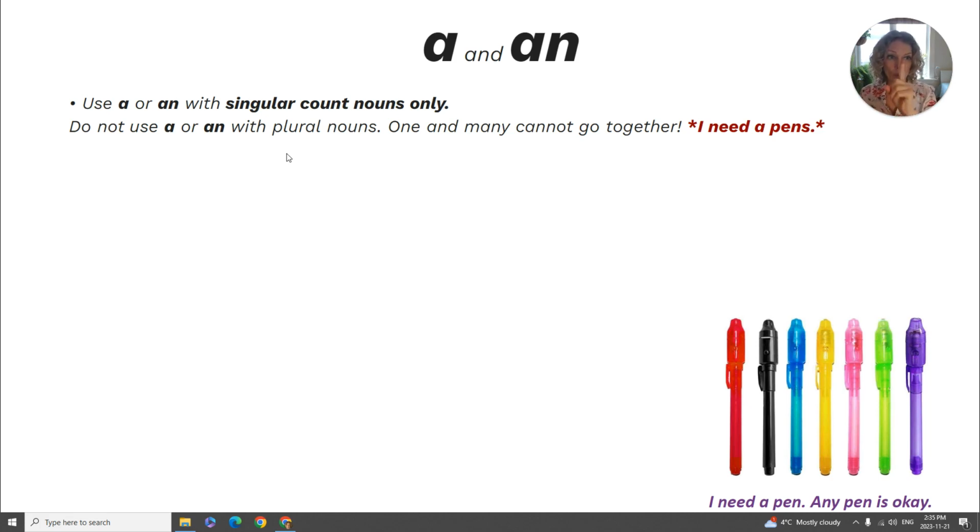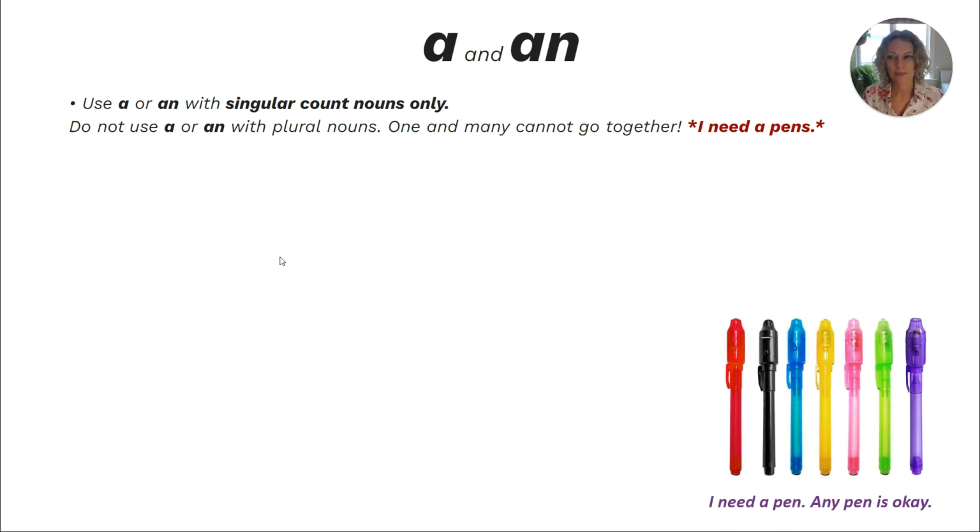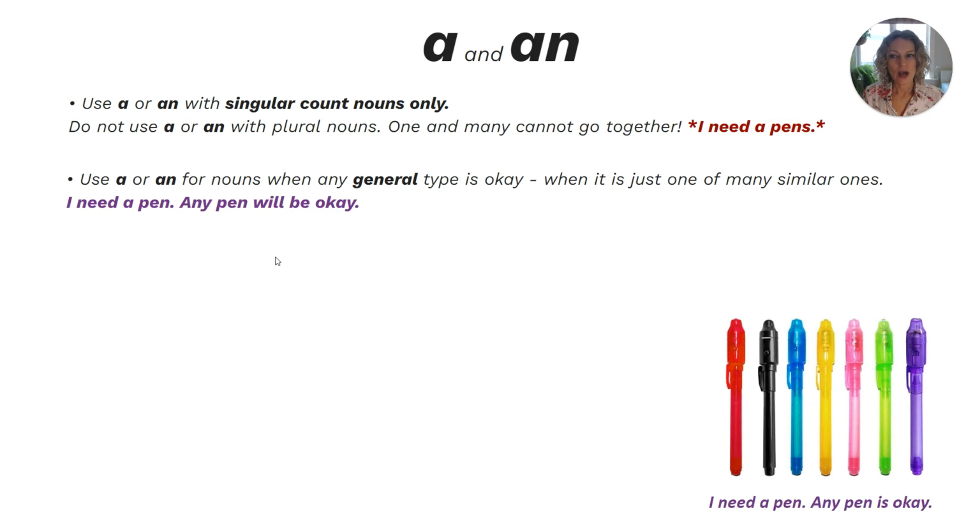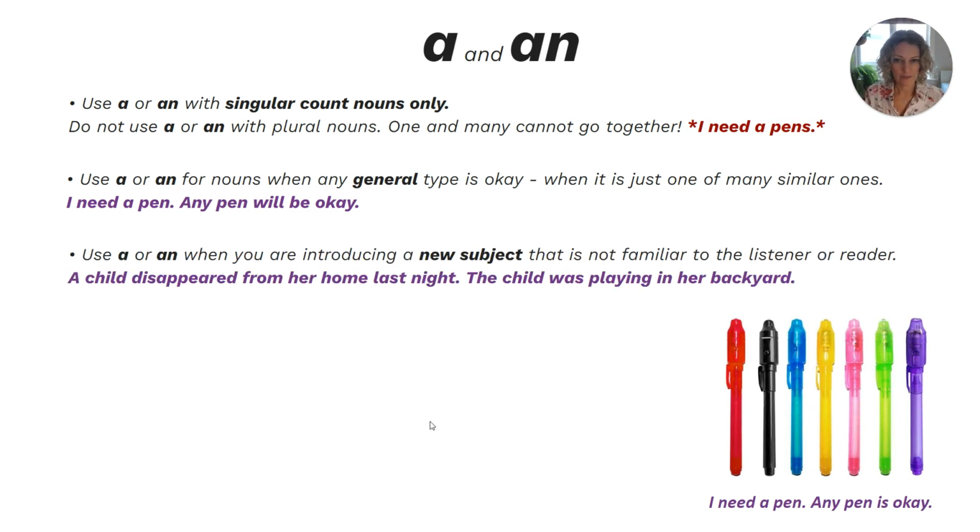They both mean one. So you can't say I need a pens, because a means one and pens means plural. So they can't go together. Use a and an when any general type is okay, when you're not being specific. I need a pen, any pen will be okay.